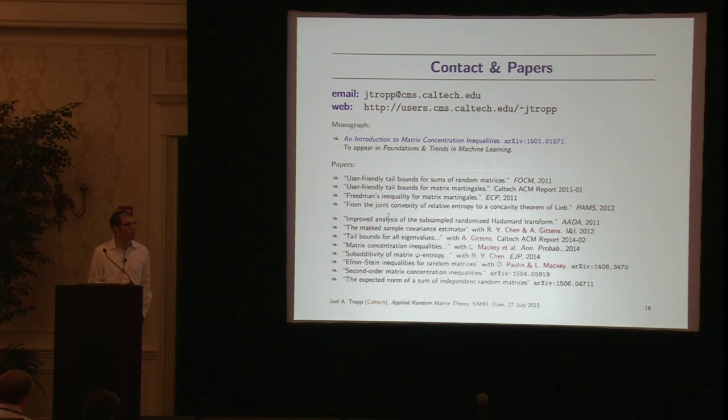And I also hope that these tools are useful for people who don't have a doctorate in random matrix theory. That's one of the other major goals here, to make this accessible to researchers who have other primary interests. And I don't know if I've succeeded, but there's a hope, and there's still a lot of work to be done.